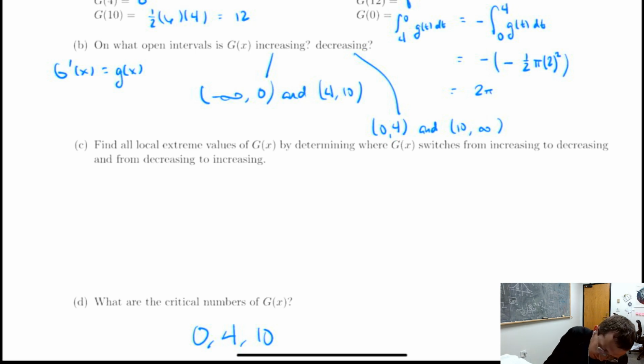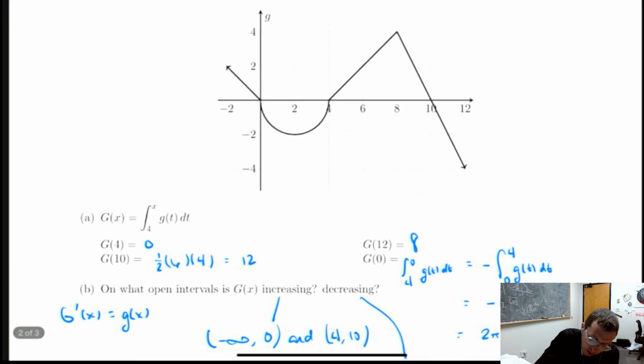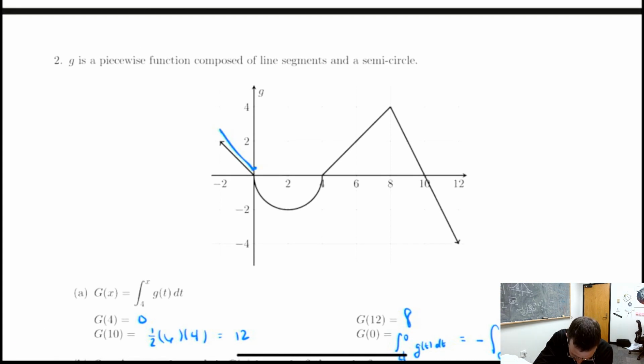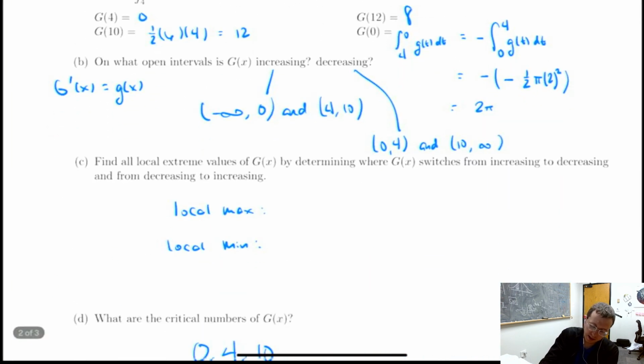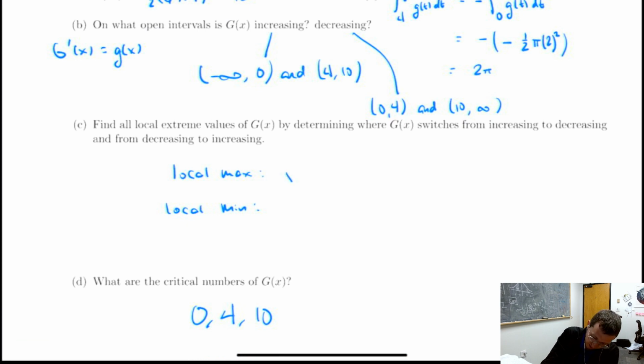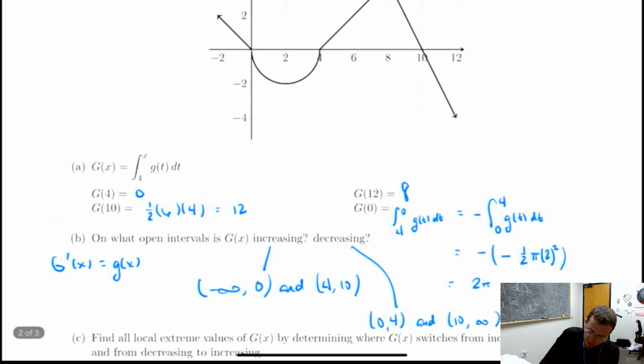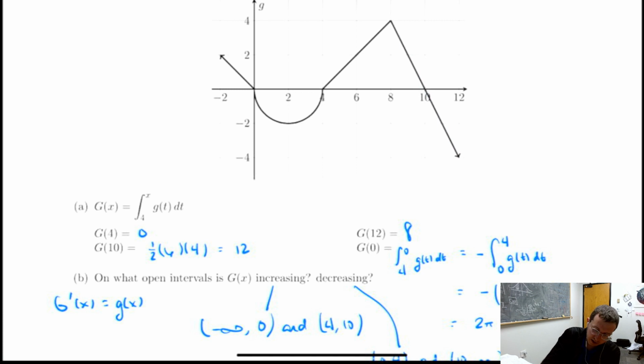And are these local maxima or minima? Well, at 0, the derivative goes from positive to negative. So capital G goes from increasing to decreasing. That's a local maximum. The same thing happens at 10.